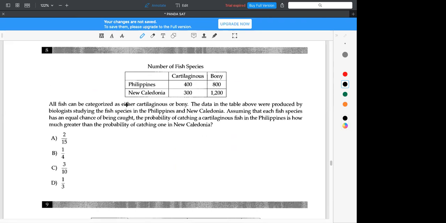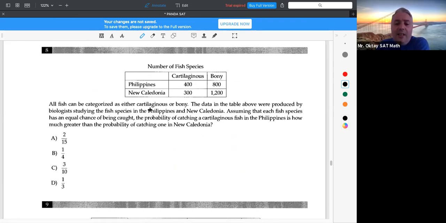All fish can be categorized as either cartilaginous or bony. So two types of things, not so important as a meaning. The data in the table above were produced by biologists studying fish species in the Philippines and New Caledonia.